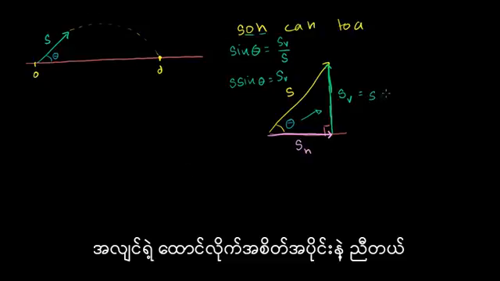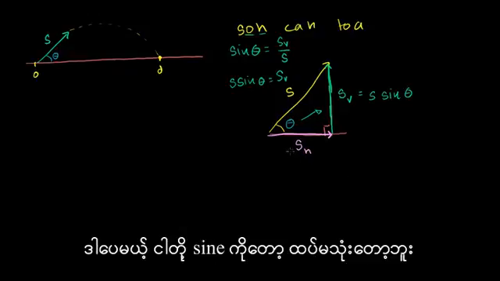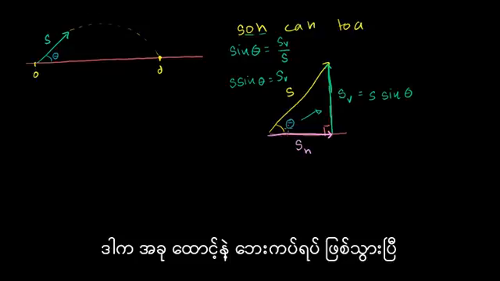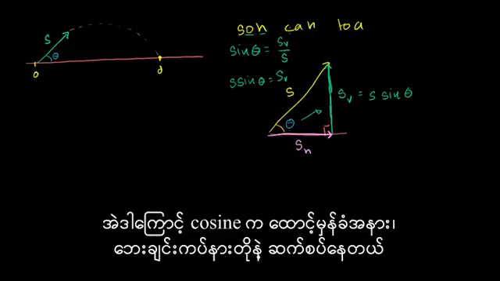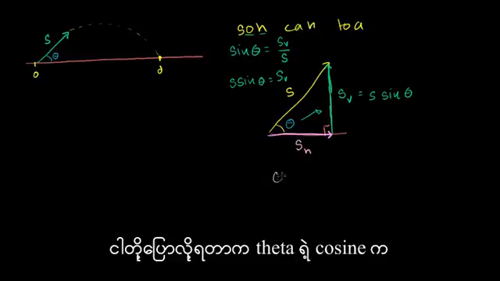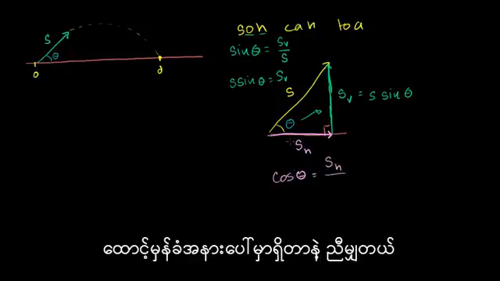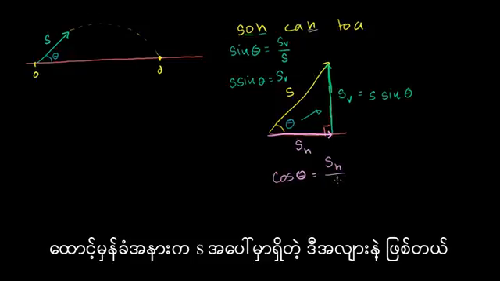S sine of theta. And now for the horizontal component, we do the same thing, but we don't use sine anymore. This is now adjacent to the angle. So cosine deals with the adjacent side and the hypotenuse. So we could say that the cosine of theta is equal to the adjacent side to the angle, so that is the horizontal speed over the hypotenuse, which is s.